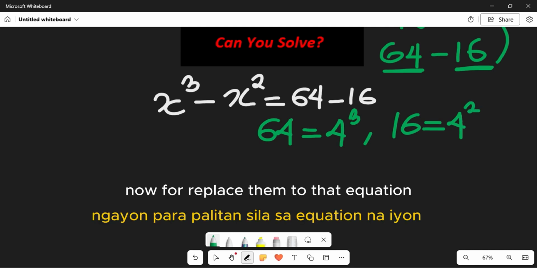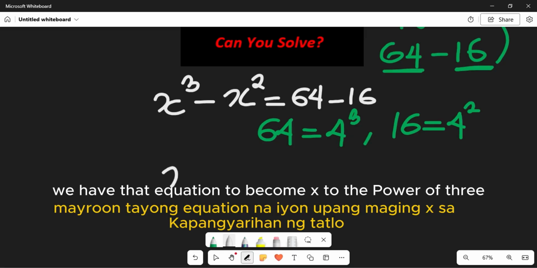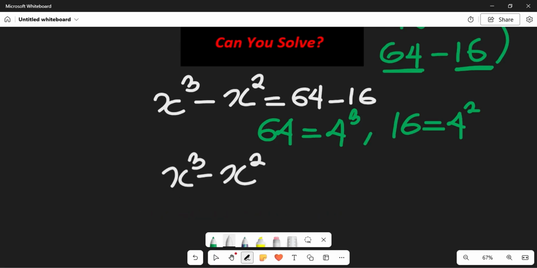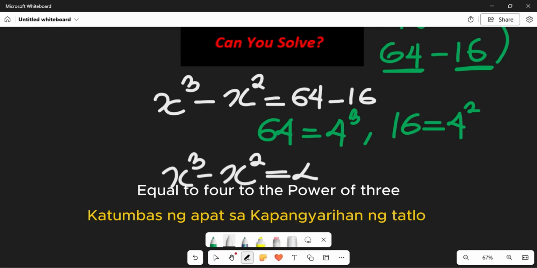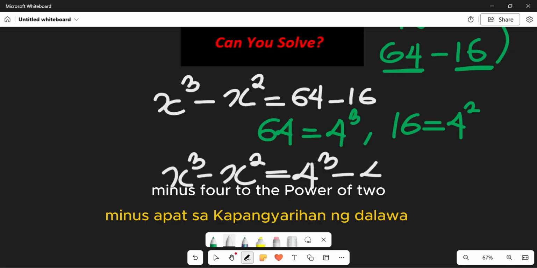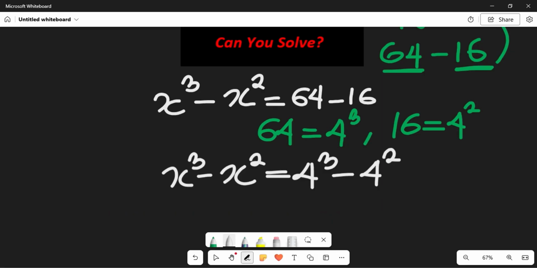Now, if we replace them in that equation, we'll have x to the power of 3 minus x to the power of 2 equal to 4 to the power of 3 minus 4 to the power of 2.